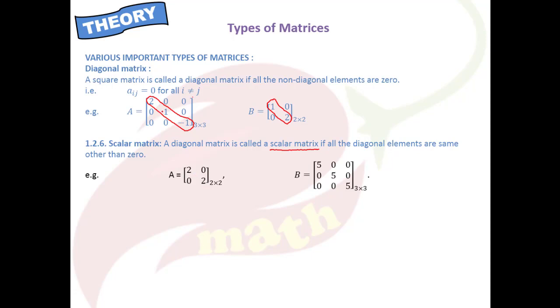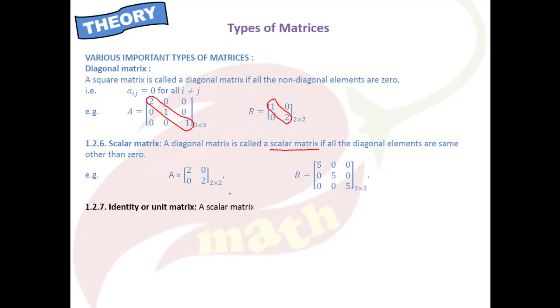In a diagonal matrix this condition is not there, but here diagonal elements should be the same. With this matrix of order 3, it is a diagonal matrix, which in turn is a square matrix, with all diagonal elements the same, except 0.